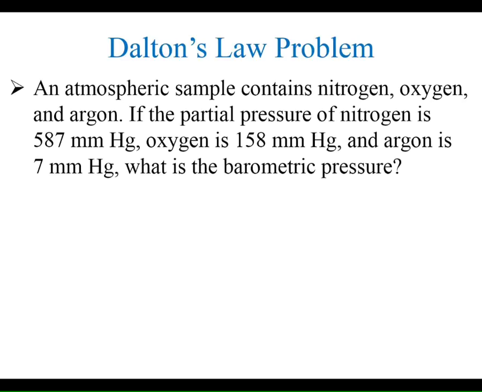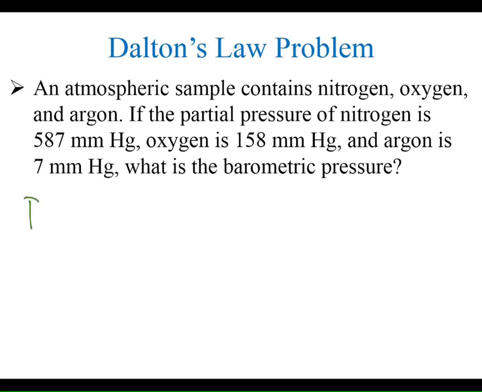Let's say you have a sample of air you snag, and it has nitrogen, oxygen, and argon in it. If there's 587 millimeters of mercury of nitrogen, and 158 millimeters of mercury of oxygen, and 7 millimeters of mercury of argon, what's the total barometric pressure? It didn't ask for atmospheres, so we'll just leave it. So what would I do? Just add them all up.